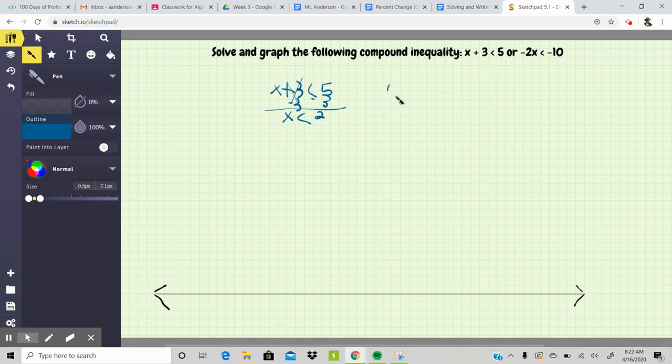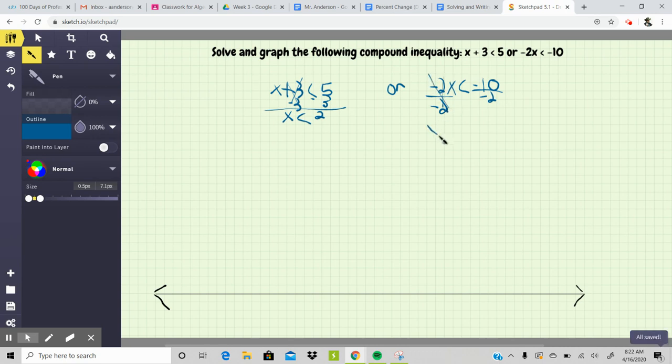Then we have or negative 2x is less than negative 10. Okay, and it doesn't look like there's any adding or subtracting of terms I have to do. I just have to divide by the coefficient in front of x, which is negative 2. So I'm going to divide both sides by negative 2. And then again, you have to be careful here.